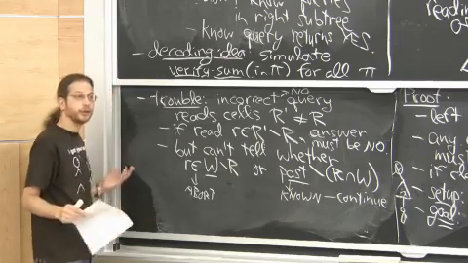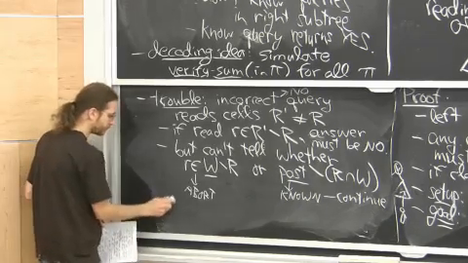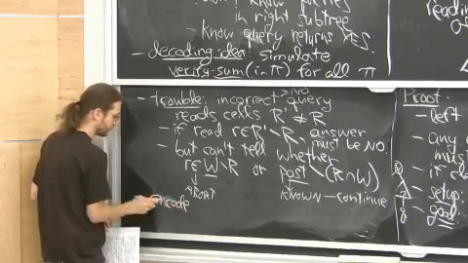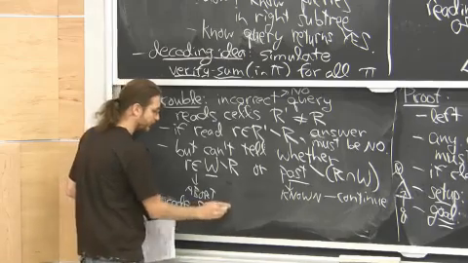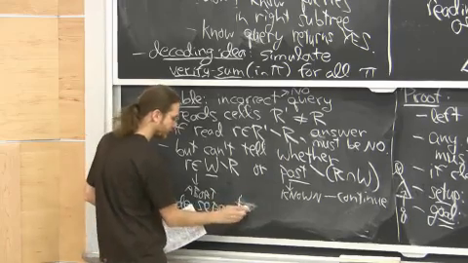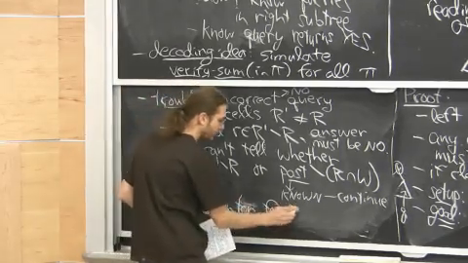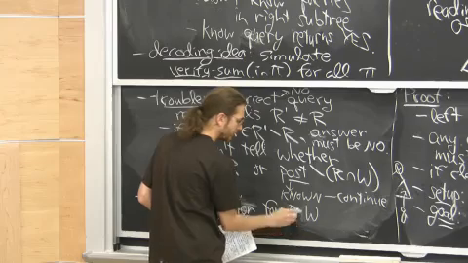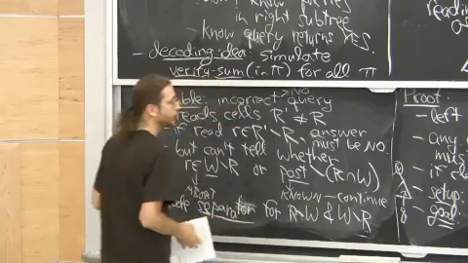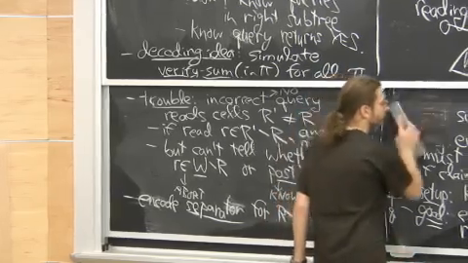So we're going to make our encoding a little bit bigger. What we're going to do, this is over here, is encode a separator for R minus W and W minus R. So let's go over here.